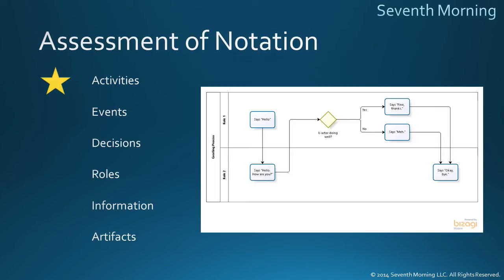Events. There unfortunately are no event shapes in flowcharts. What people often do, including myself, and I mentioned it before, is to borrow the start and end events from UML. We'll actually get to that in the next lecture. But we can't really say that the notation meets this requirement. Next, decisions.